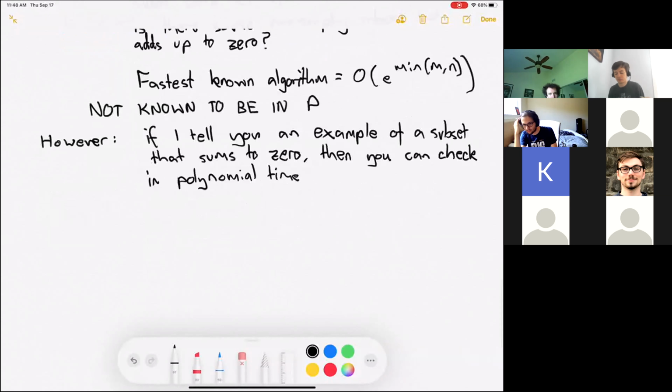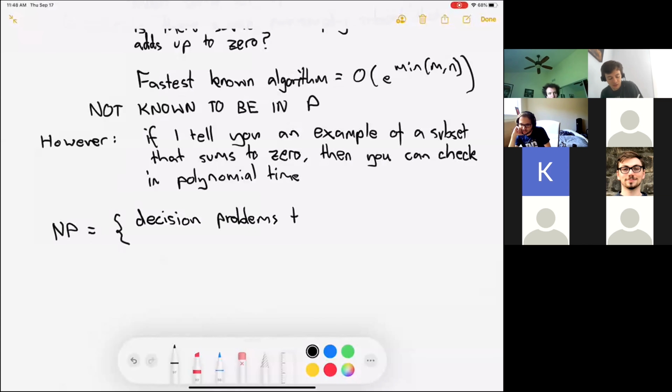Okay. So the class NP, which this is in, is going to be defined as decision problems that can be verified given some witness.